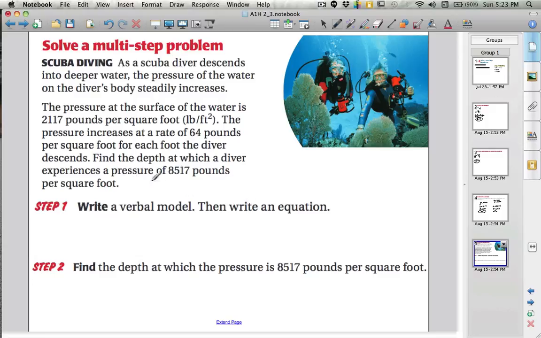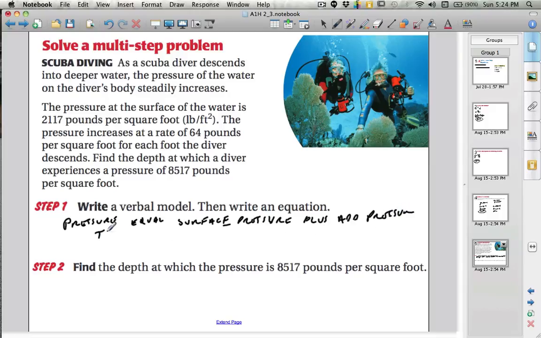So let's write a verbal model. And the verbal model basically means that the pressure will equal the original pressure, right, the surface pressure, plus this 64 pounds per square foot times, so let's just call that the additional pressure, times the feet of descent.